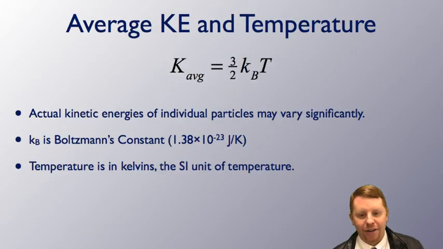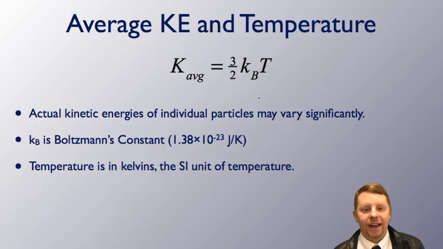So let's relate average kinetic energy and temperature. Average kinetic energy is 3/2 times a constant, the Boltzmann constant, Kb, times the temperature in kelvins, which is the standard or System International unit of temperature in physics. Now, the actual kinetic energies of the individual particles may vary significantly. Again, remember, it's a distribution.